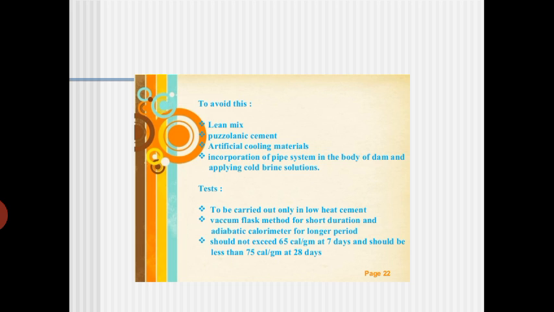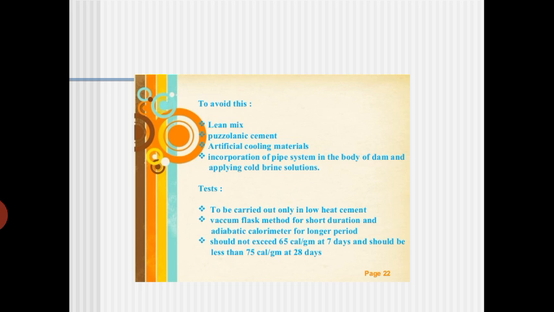Initially what I said is that 120 calories per gram is the initial heat of hydration. Normally if you test that cement for 7 days as well as 28 days, just check these values. It should not exceed 65 calories per gram in 7 days, and should be less than 75 calories per gram at 28 days. Whatever calories it is generating, it should be in the range of 65 to 75 based on the curing period.